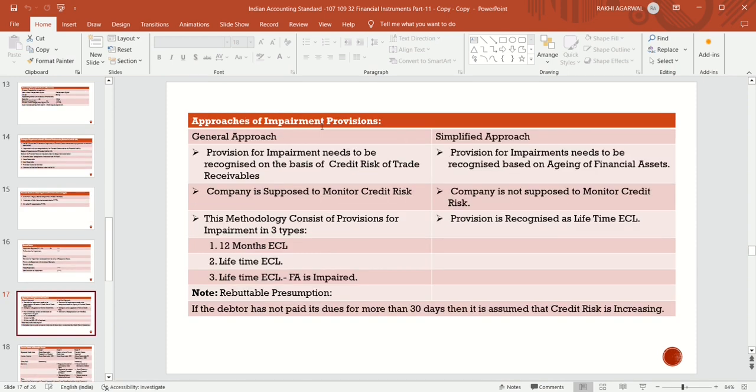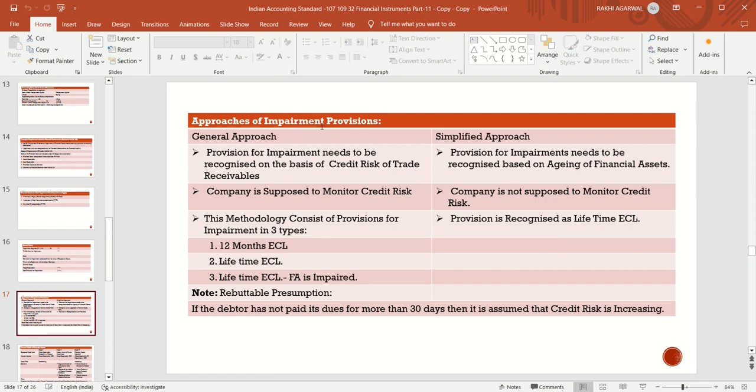Now, approaches of impairment provisions. There are two approaches. How will we make an impairment provision? There is a general approach and another is a simplified approach.